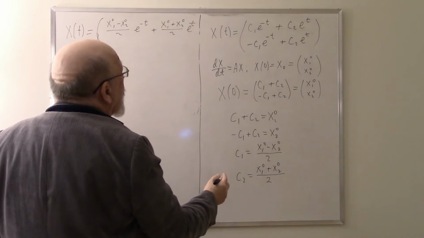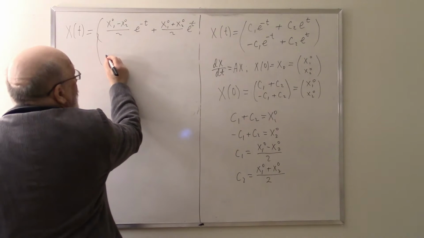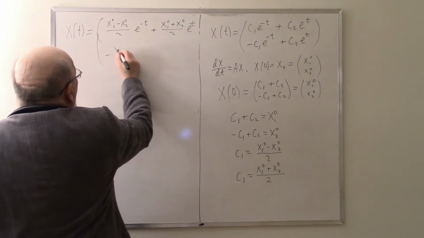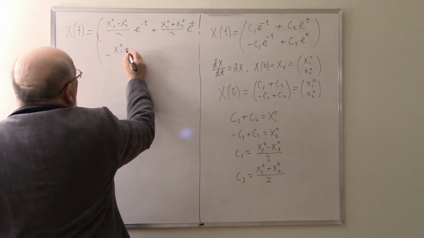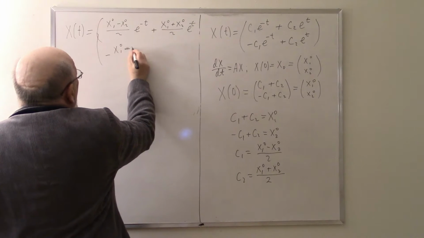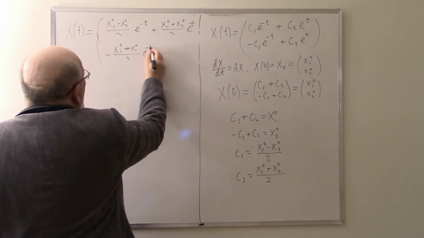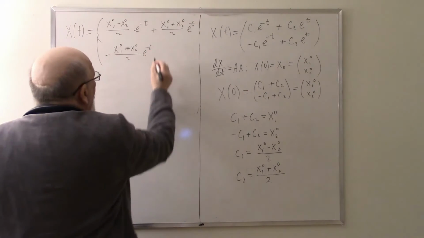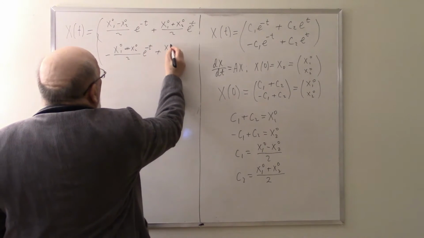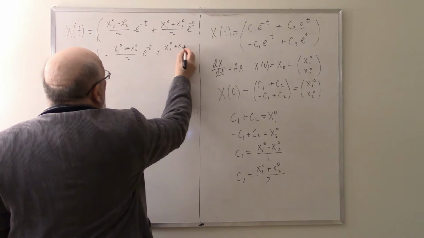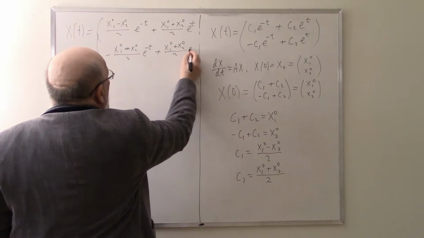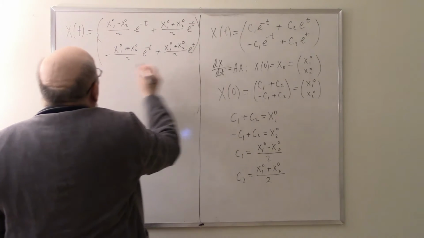And here, minus x1,0 minus x2,0 divided by 2 times e to the minus t, plus x1,0 plus x2,0 divided by 2 times e to the power t.